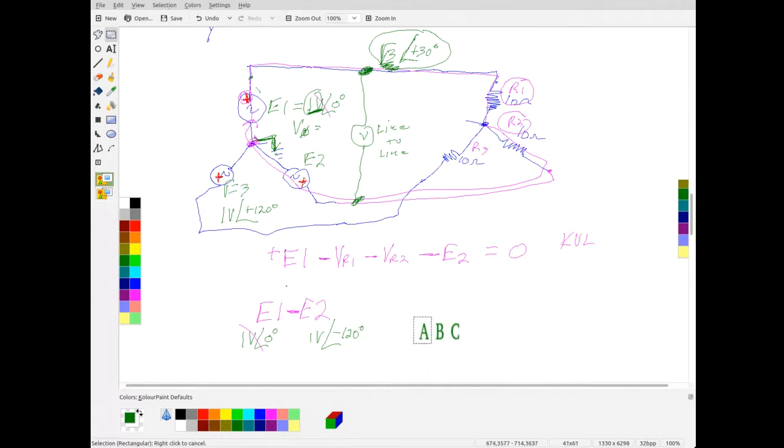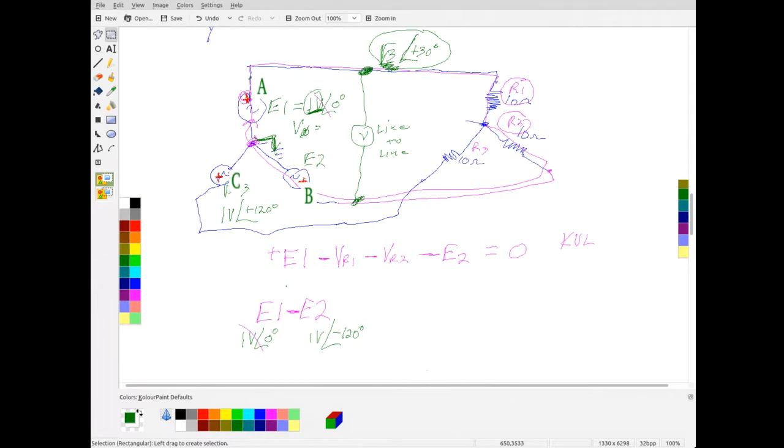So if we look at, say, this is line A, and this is line B, and this is line C.